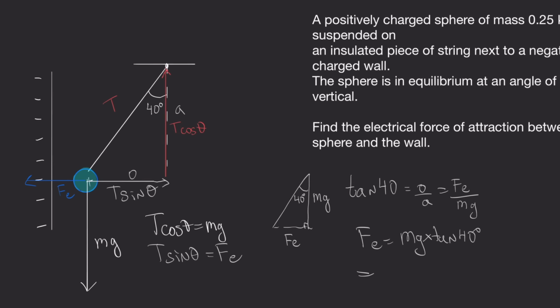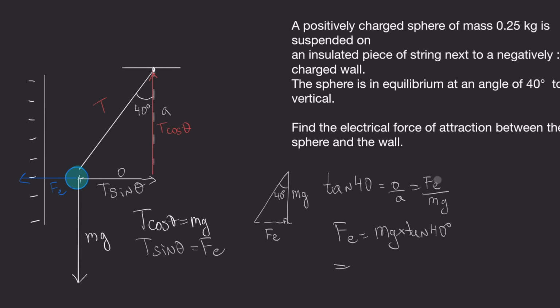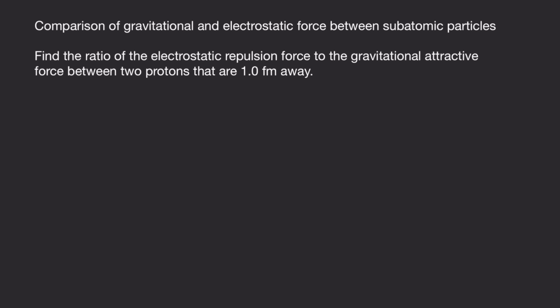Now, our mass in this problem was 0.25 kilograms, multiply this by 9.81. Multiply this by the tangent of 40 degrees, and putting this into a calculator, we're going to get around 2.057 newtons. Shall we just call it 2.1 newtons.